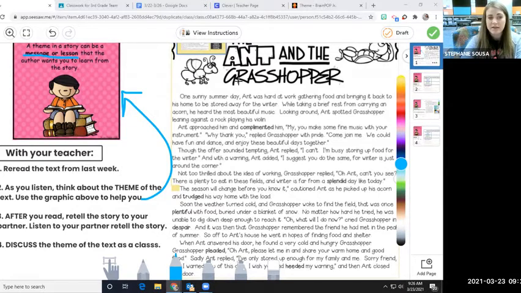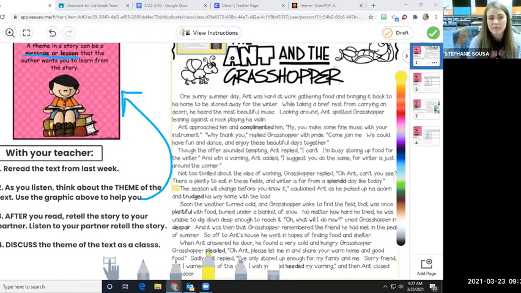The ant and the grasshopper. One sunny summer day, Ant was hard at work gathering food and bringing it back to his home to be stored away for the winter. While taking a brief rest from carrying an acorn, he heard the most beautiful music. Looking around, Ant spotted Grasshopper leaning against a rock and playing his violin. Ant approached him and complimented him.